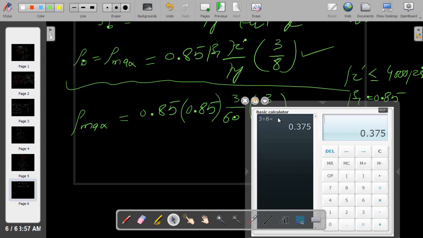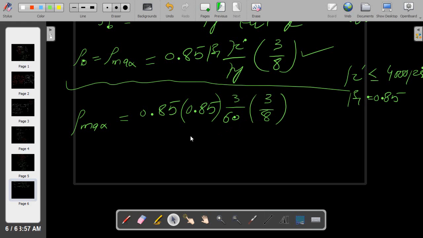This is 0.375. If you use your calculator, you will find the value of rho max comes out to be 0.0135. So this is my rho max.